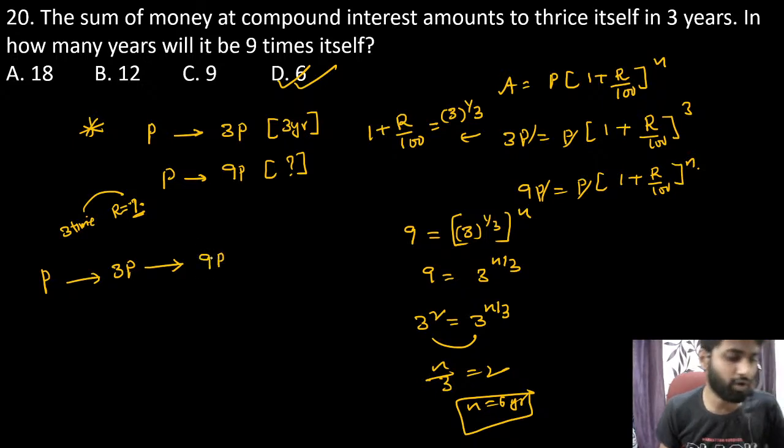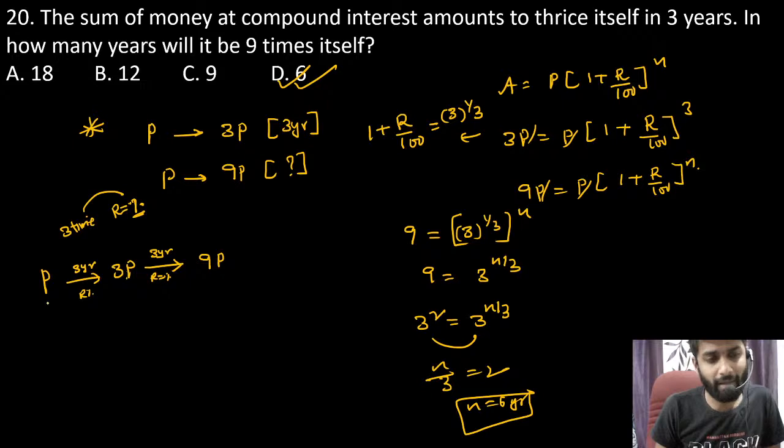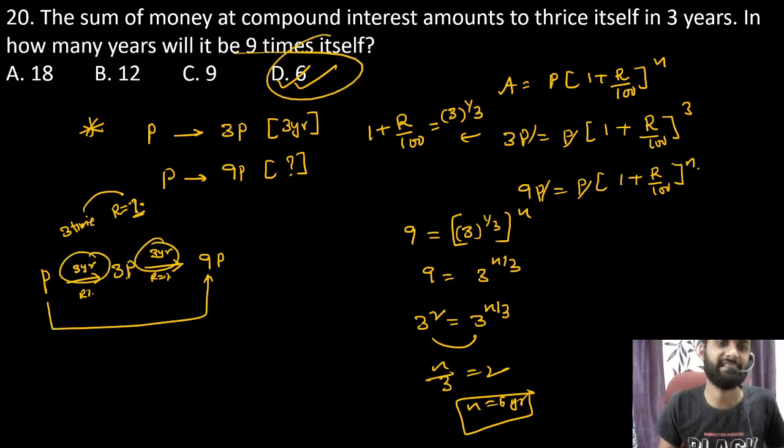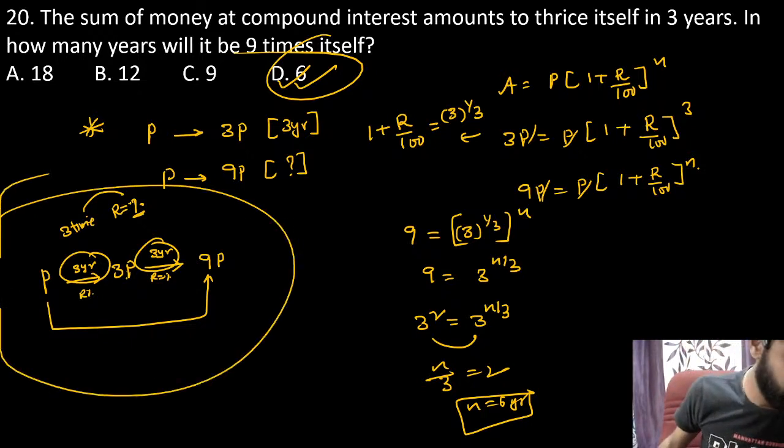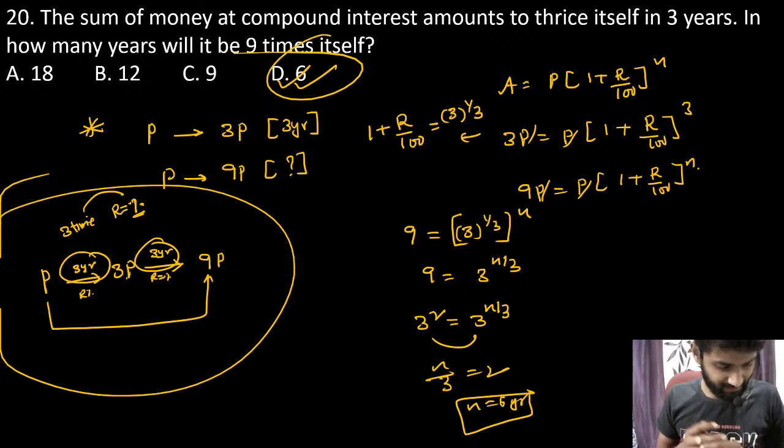Here it takes 3 years with some rate of interest. If the same amount becomes 3 times, it takes only 3 years, the rate of interest being constant. Now, my question: P becomes 9P, it takes only 6 years. So, this is the direct one. It takes 6 years.